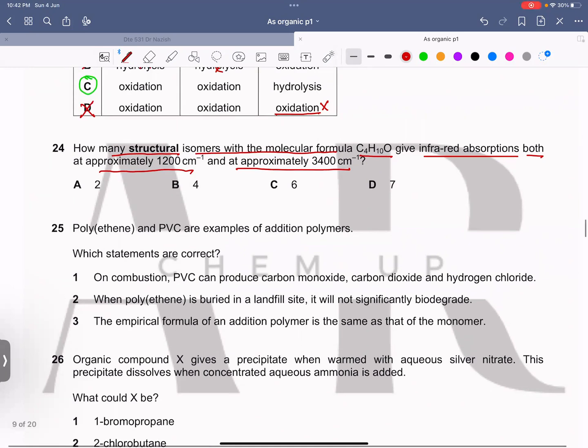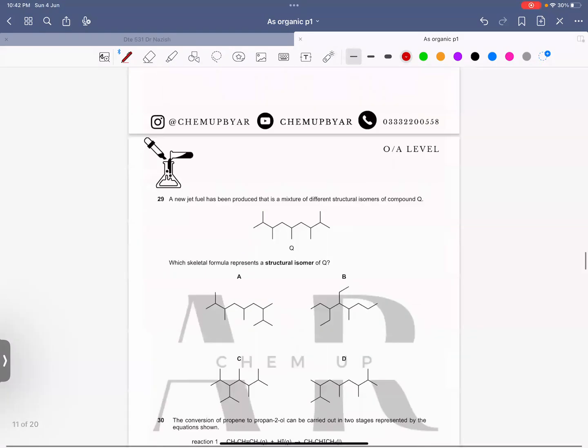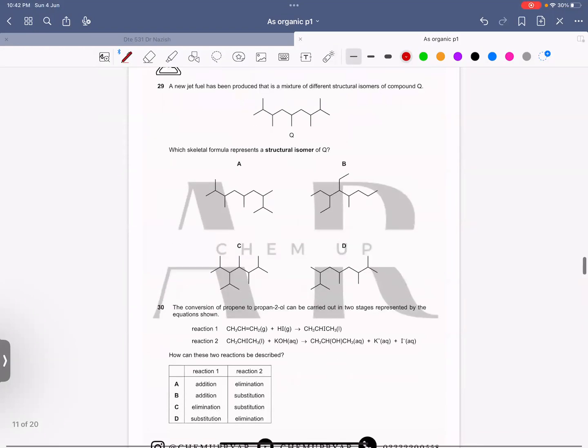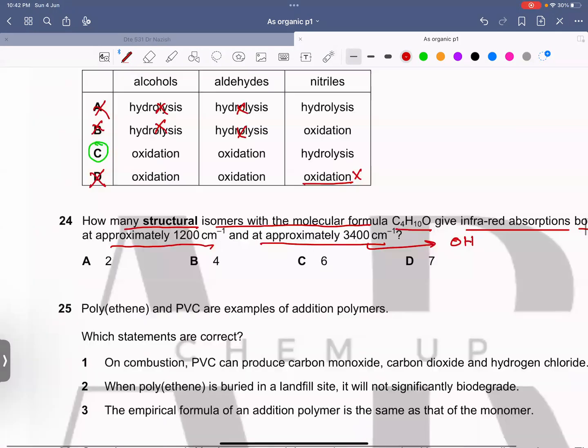For 3400 cm⁻¹, it can be an alcohol. And at 1200, okay, let me check one minute. Can anybody check and tell me for the 1200, if I am not mistaken, it is carbon-carbon double bond.